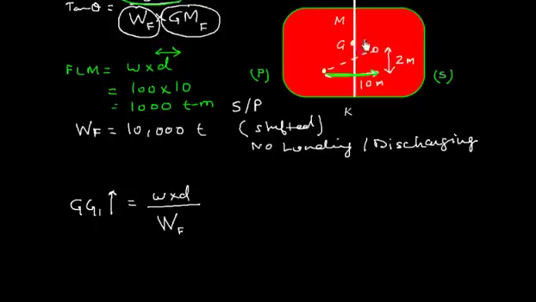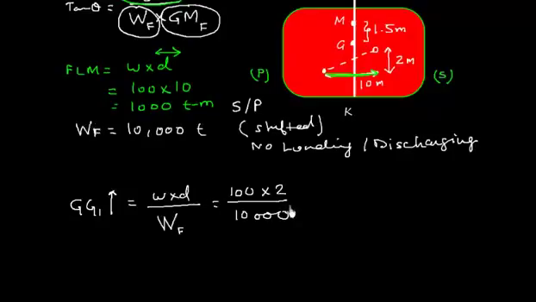This shift is in the upward direction. Say the G was here and M was here. So GM is given as 1.5 meter. Now I had shifted, so let's find out this GG1, which is going to be w, which was 100, and the distance shifted is 2, divided by 10,000.